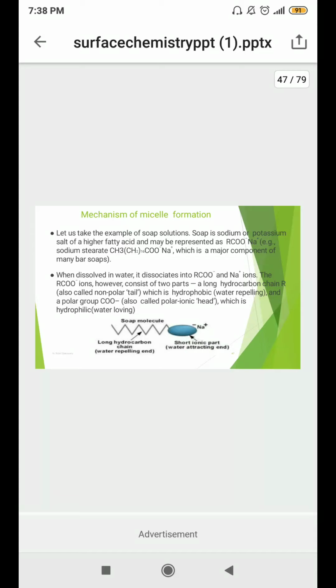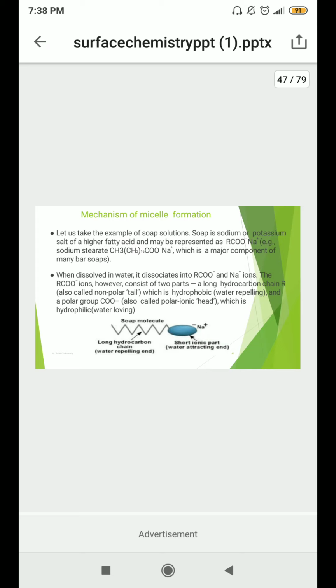The RCOO⁻, however, consists of two parts: a long chain hydrocarbon, called a non-polar tail, which is hydrophobic, water repelling, and the polar group COO⁻, called the polar ionic head, which is hydrophilic. I have shown through this pictorial presentation the short ionic part Na⁺ and the soap molecule, that is the long hydrocarbon chain.